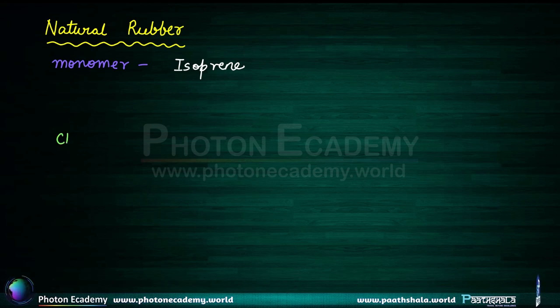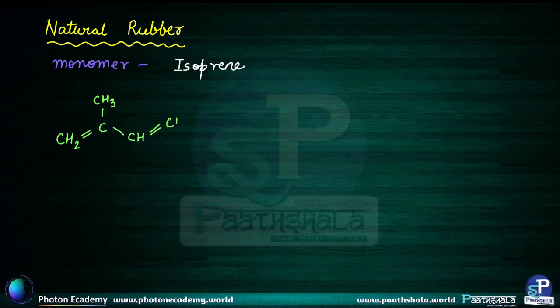It is CH2 double bond C CH3 followed by CH double bond CH2. Now we have taken n units of this monomer, that is isoprene.